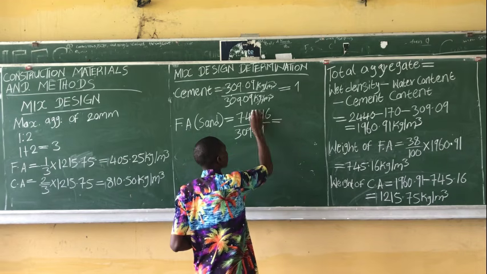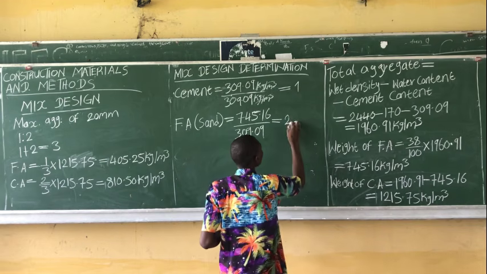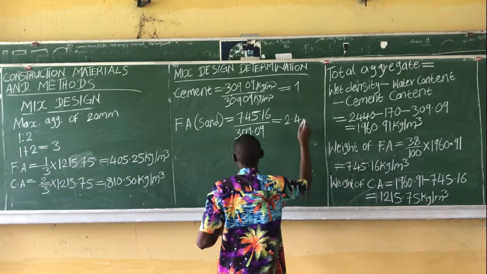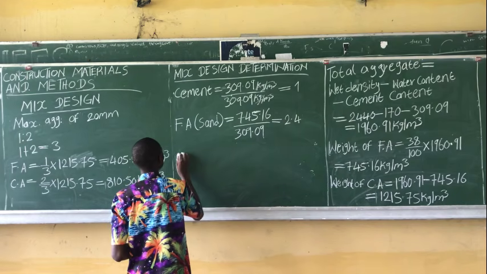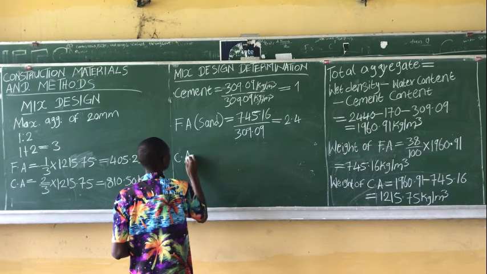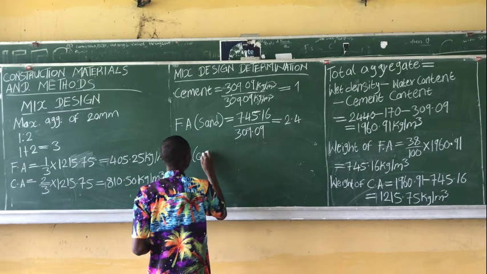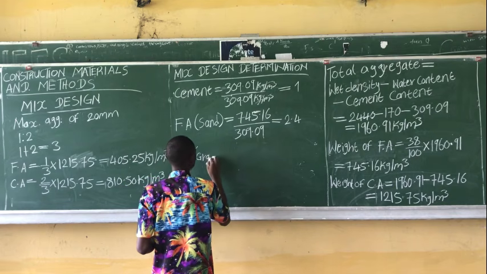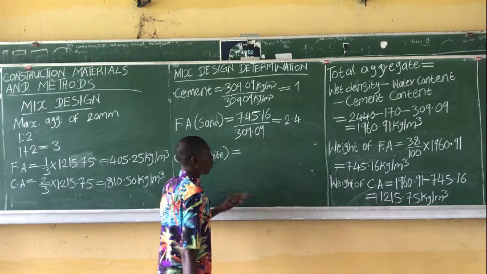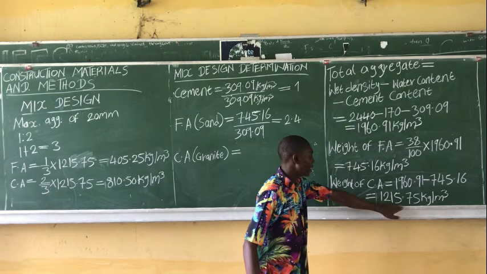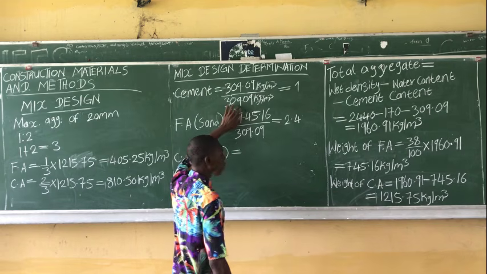So we have 2.4. To get our final ratio, which is for coarse aggregate, which can be considered to be granite, we have the weight of coarse aggregate divided by the weight of cement.